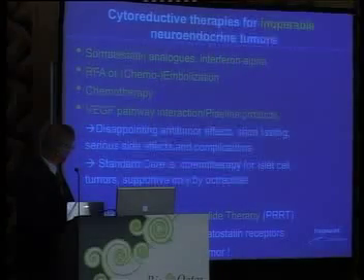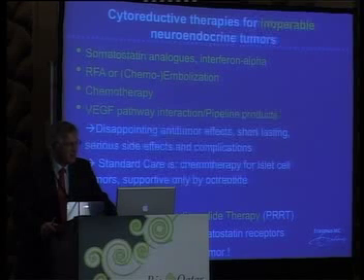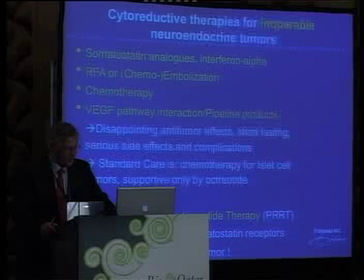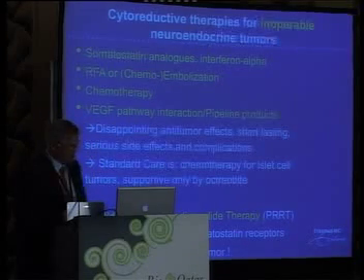For cytoreductive therapy for inoperable neuroendocrine tumors, we can use somatostatin analogs, interferon alpha, radiofrequency ablation, chemoembolization, chemotherapy, and VEGF pathway interaction or pipeline products. But these lead to disappointing anti-tumor effects, or these are short-lasting.